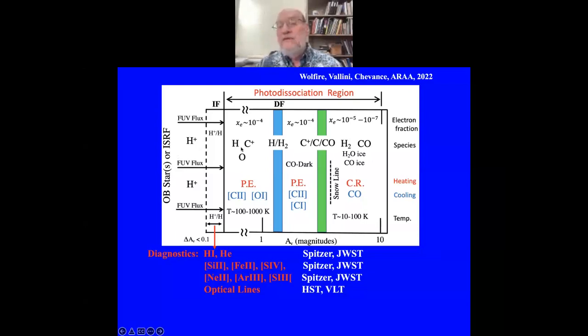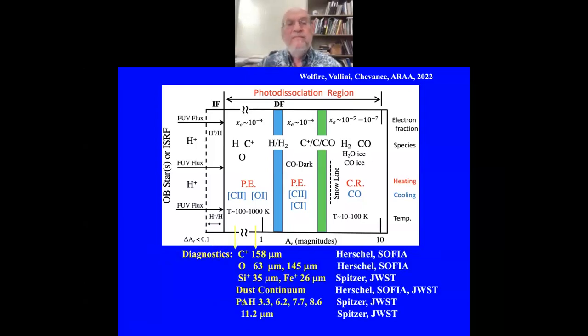And before you even get to the PDR, there's an H II region of H+ gas, and temperature is about 7,000 to 10,000 degrees. You see recombination lines from hydrogen and helium. There's fine structure lines of metals that are excited by collisions with electrons. And there's a bunch of optical recombination lines from metals.